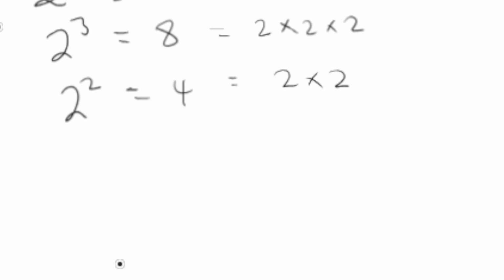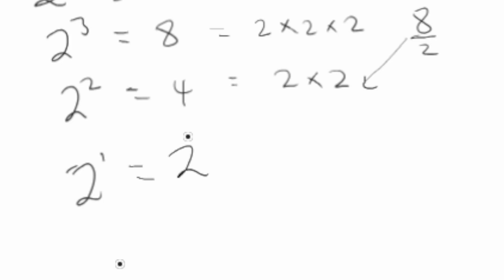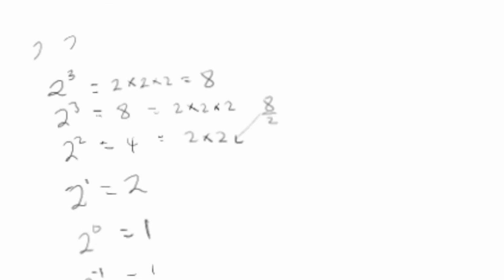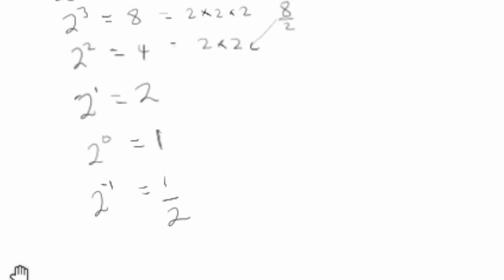We found that 8 divided by 2 gave me the 4. 2 exponent 1 is equal to 2. And then 2 exponent 0 is equal to 1. 2 exponent -1 is equal to 1 over 2.